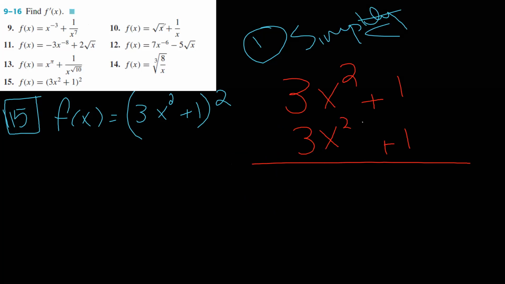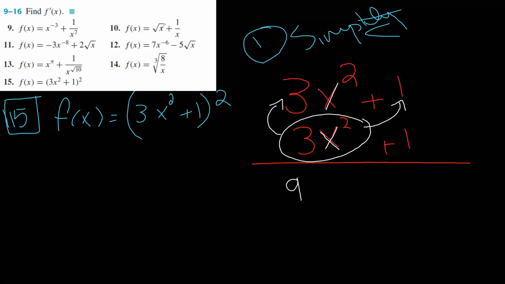The first step, you multiply 3x squared by this one and then by this one. 3x squared times 3x squared is 3 times 3, what? 9. And I multiply this one now with this one: x squared times x squared, the powers will be added, so it will be x raised to the power 4.